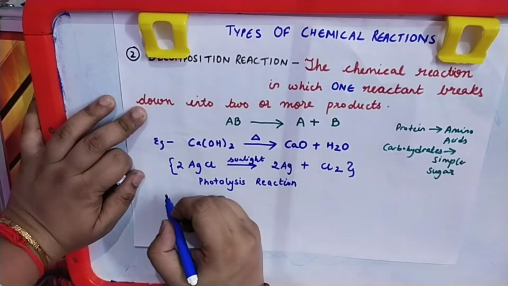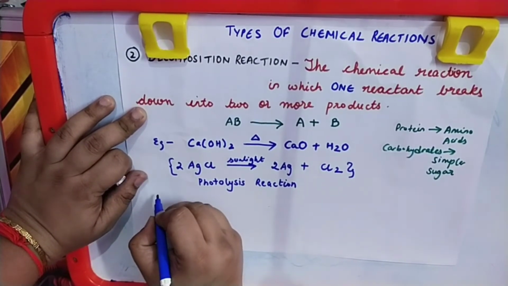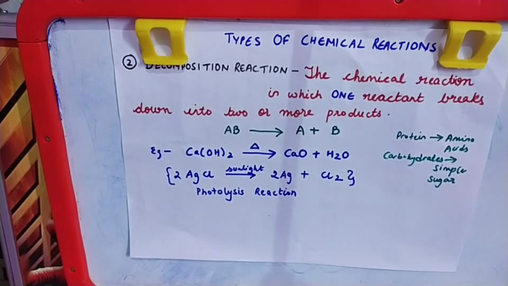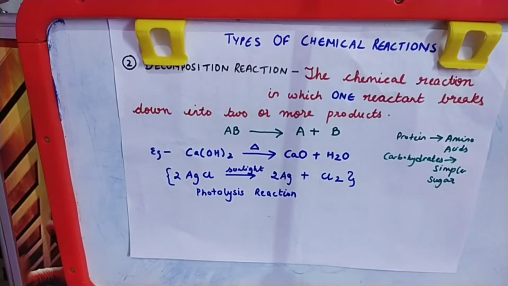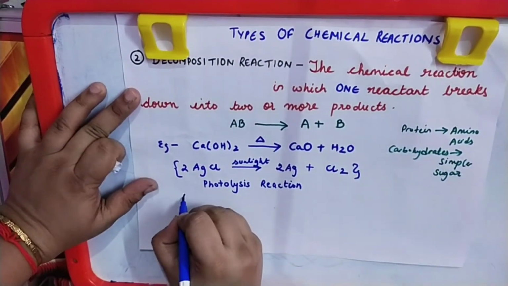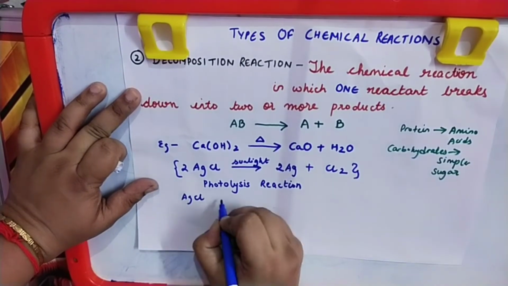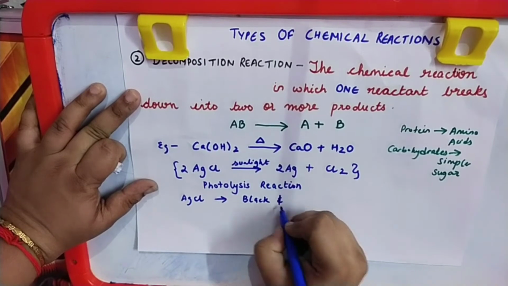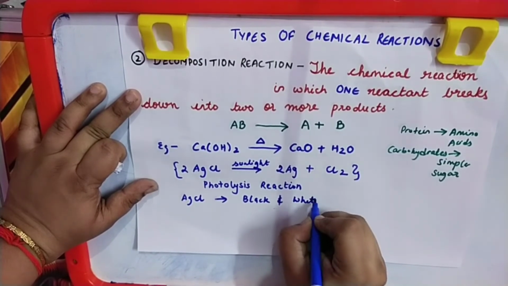Now it is not used because now we have colored photography, but in the era of black and white cinema, silver chloride was the main chemical used in black and white photography.